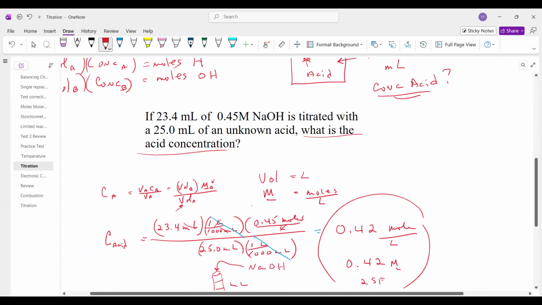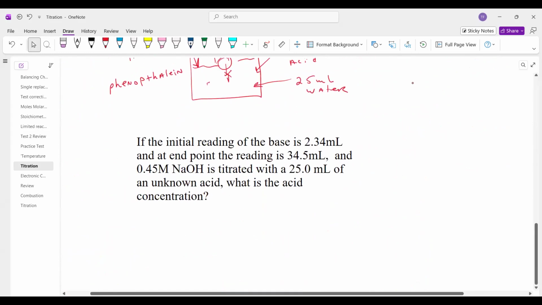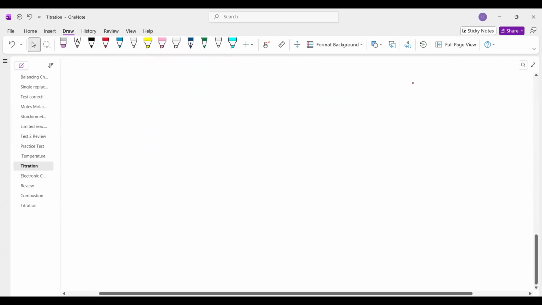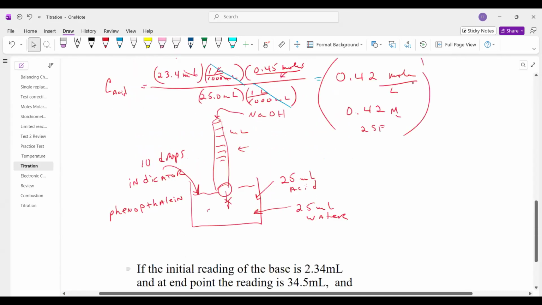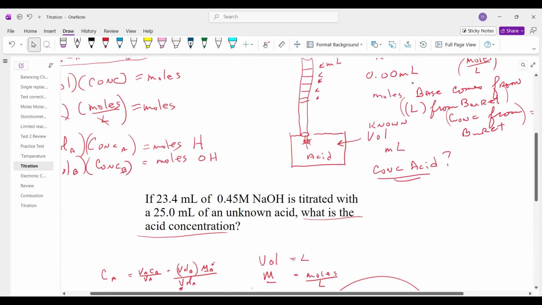What's the acid concentration? So the goal is acid concentration. So we're going to make use of moles equals concentration times volume for each of those.